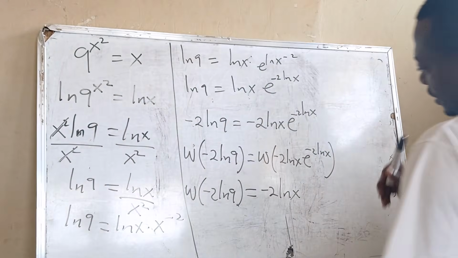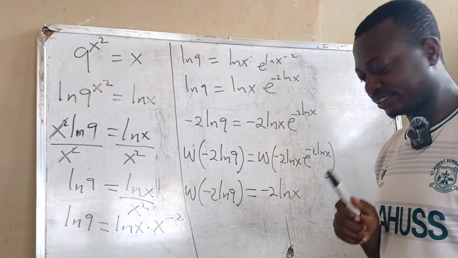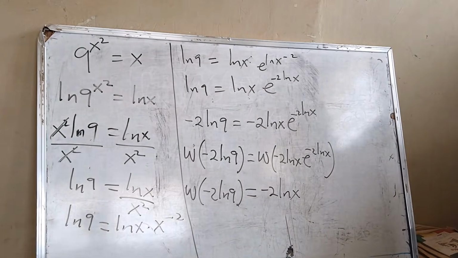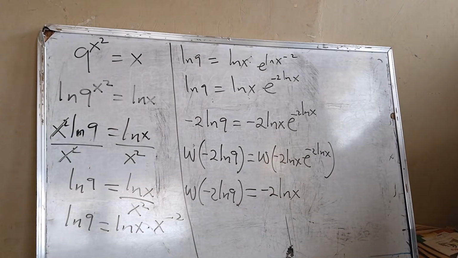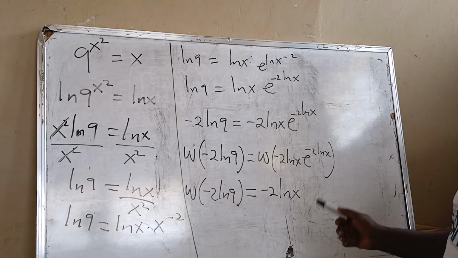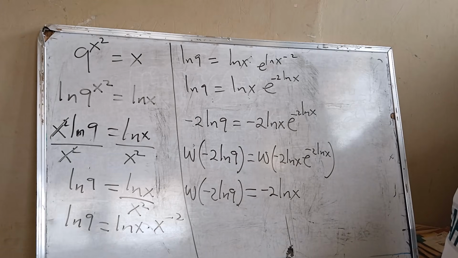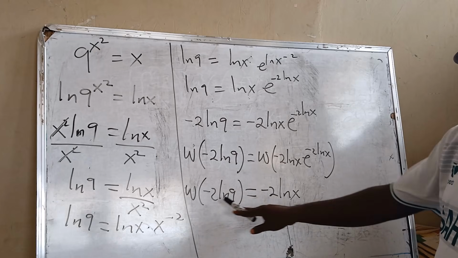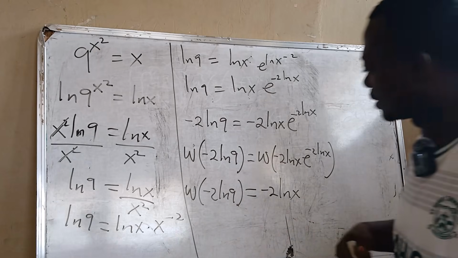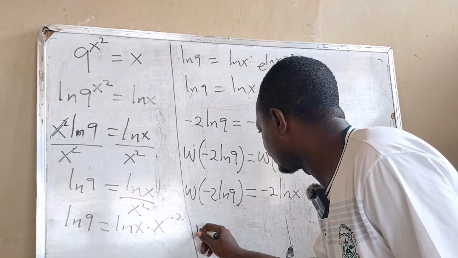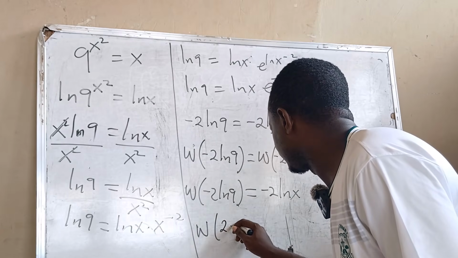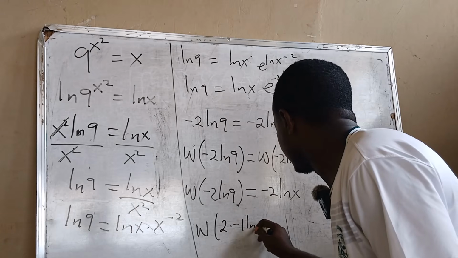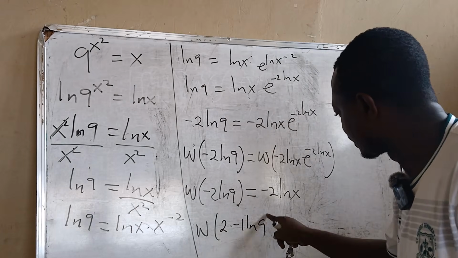Now, don't forget one thing. We are after x. We are after x here. So what do we do here? Now, we have two ways of doing this. Let's get rid of the negative here. So we can say W function. This one is the same as 2 times minus 1 ln of 9, and then negative 1 will come here.